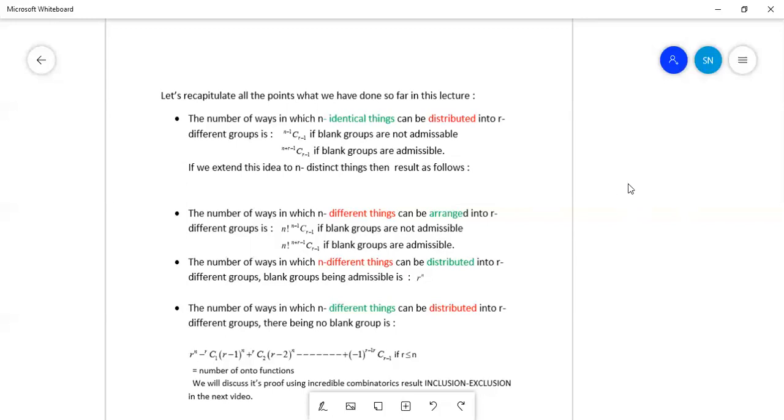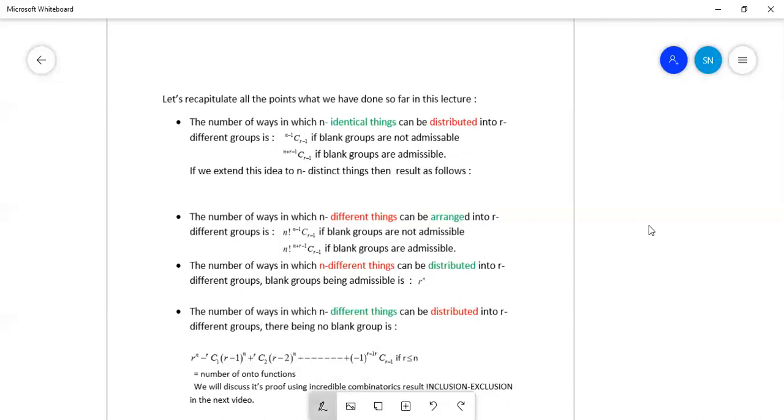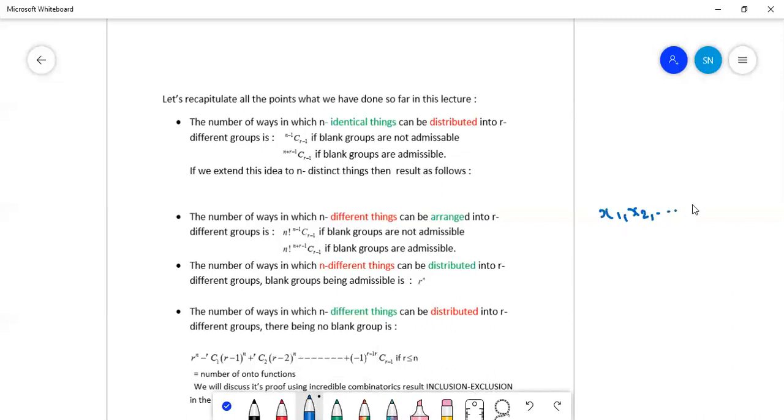Suppose there are n objects like x1, x2, and so on, xn. So let them be arranged. Then x1, x2, and so on, xn is one arrangement. In the first case, blank groups are not admissible, so we will keep r minus 1 flags.